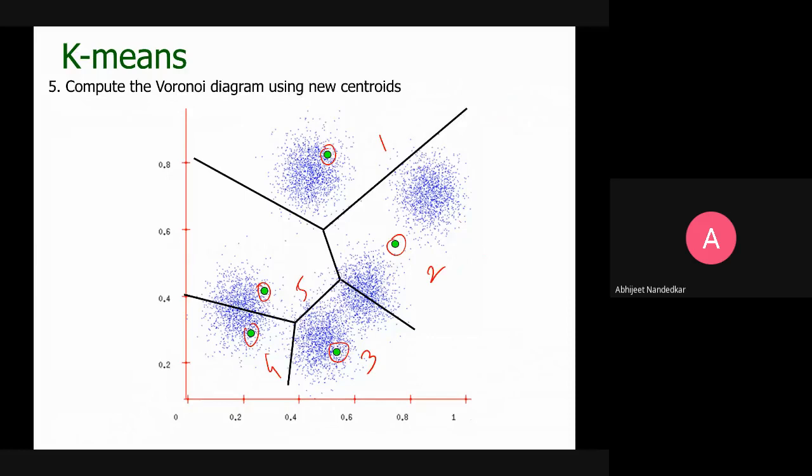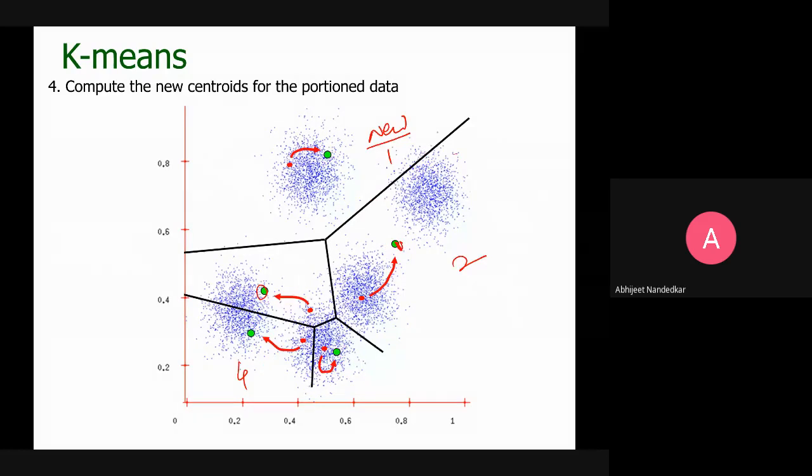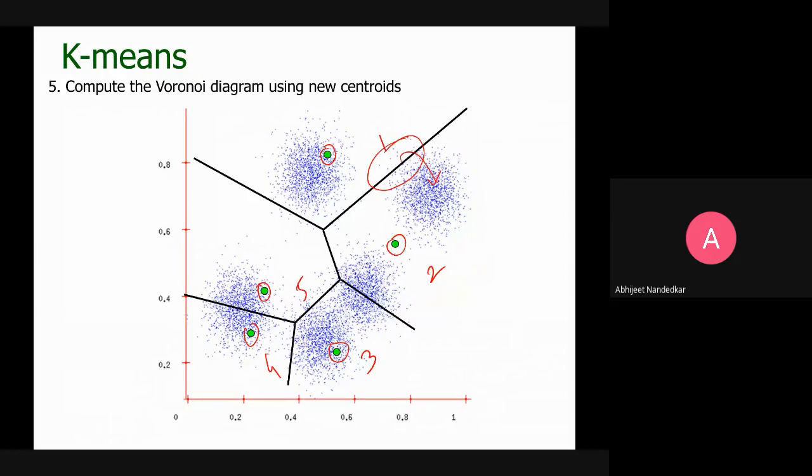Since there was a shift, the earlier samples belonging here are now shifted to this second group. So you can see because of this, a lot of things are happening. So this was the initial group for number 2. Since my centroid has shifted here, you see a lot of samples which were earlier belonging to group 2 are now being shifted to group 3.